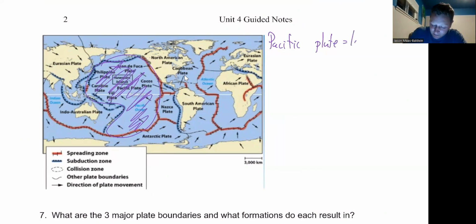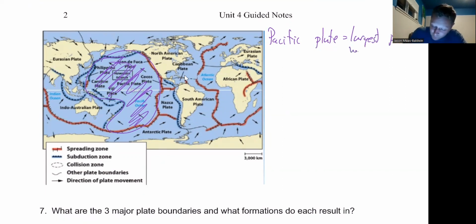And that is the largest plate. And the Pacific Plate is also the plate that we are on. We are on the Pacific Plate. Then there's the North American Plate, which is where most of North America is on, probably not surprisingly, but we break off from North America right along here.